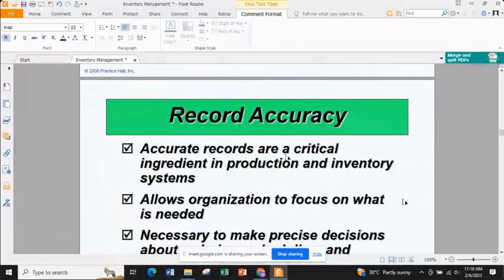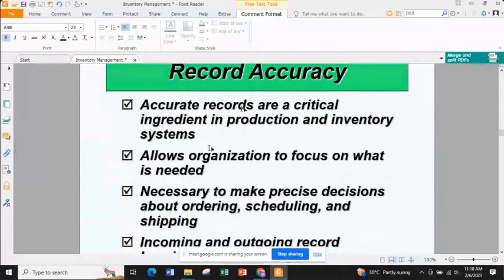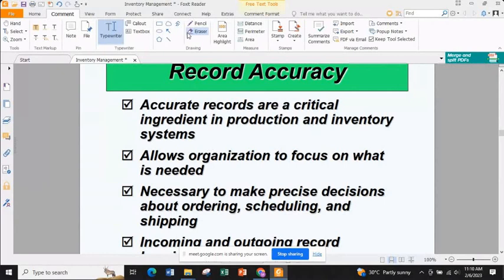So other than that, you should have record accuracy. Accurate records are a critical ingredient in production. When we talk about manufacturing, we always talk production. Actually, it's the same as building. In terms of construction, let's say I have a 118th floor. So you need to monitor the production. Every month, how many floors can we cast?